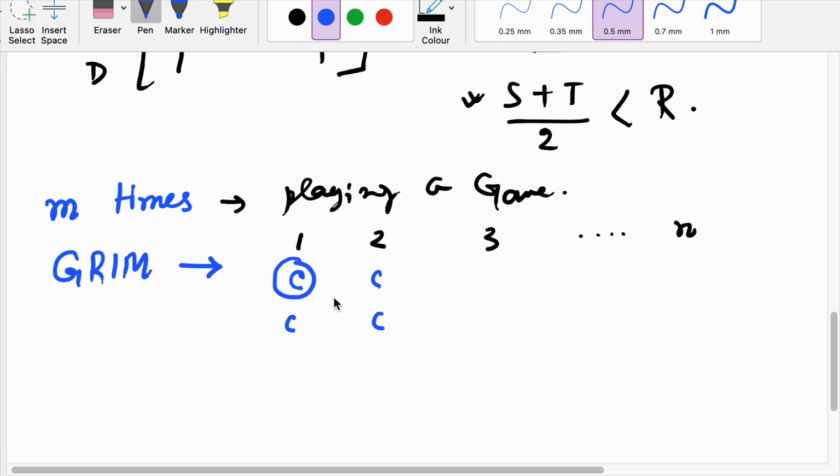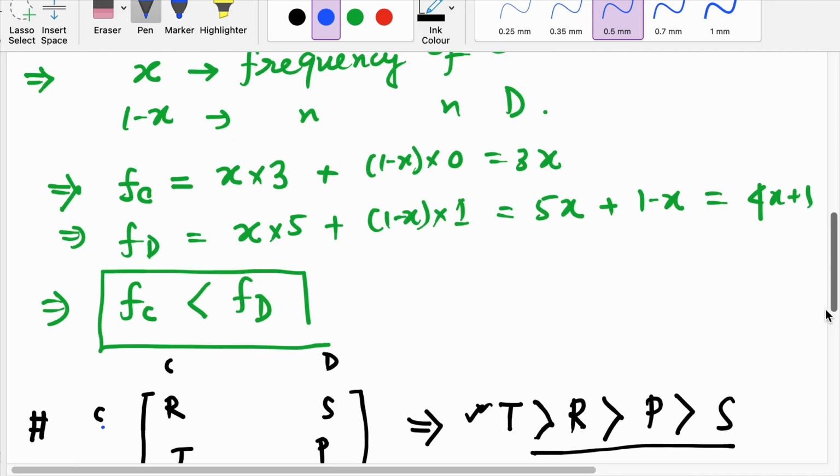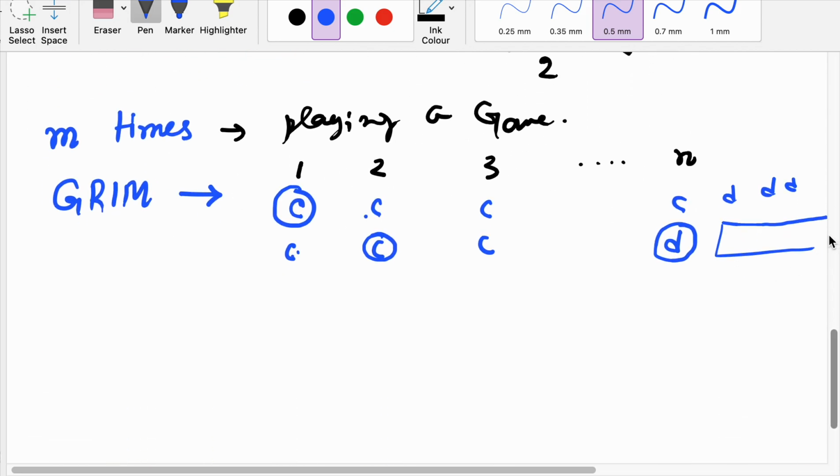If in the previous round my opponent cooperated, I will cooperate, until I find that in the previous round my opponent defected, and from that point I will always defect, no matter what my opponent does. Is it clear? Okay, yes.